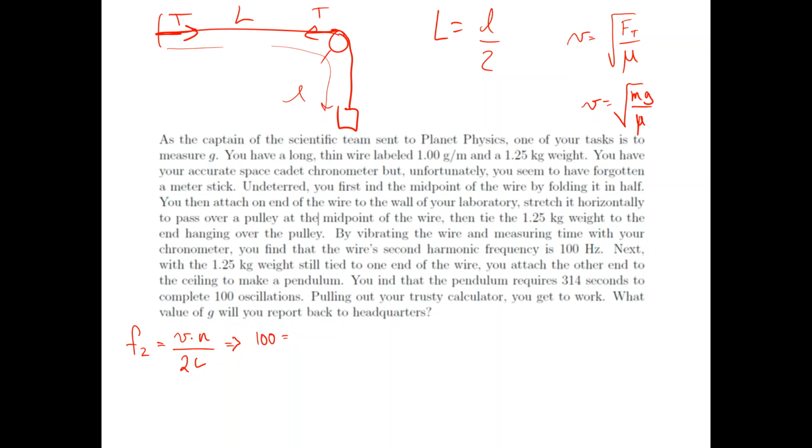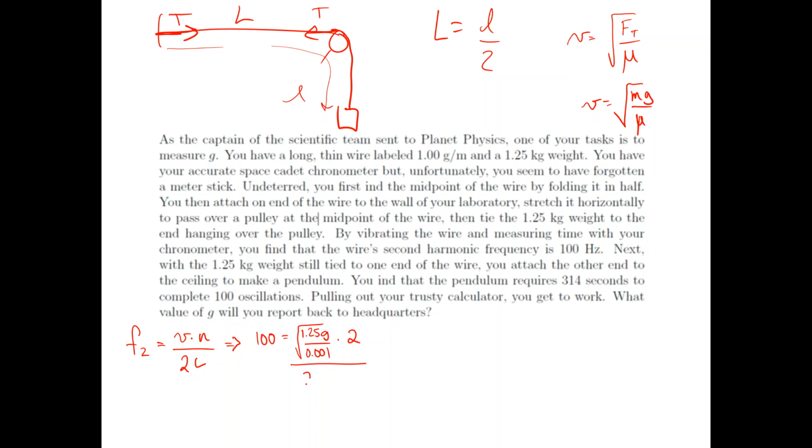So I'm going to replace that in our equation at the bottom here. So I have the square root of m is 1.25 g over mu, which is 0.001. That's our v. Multiplied by 2, because that's our n.